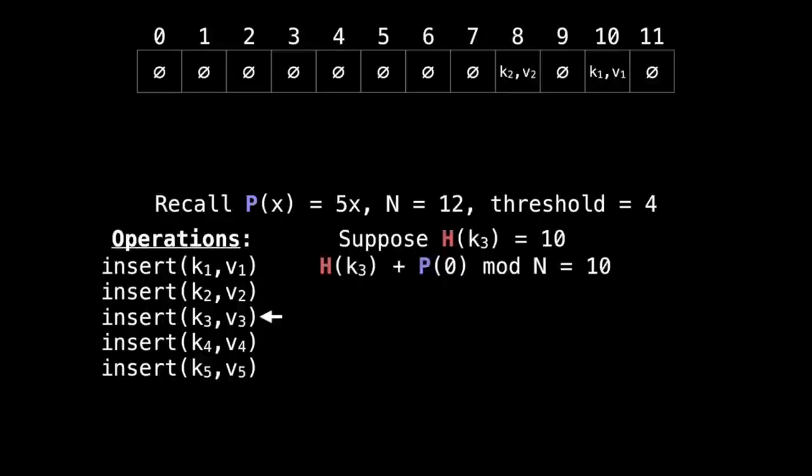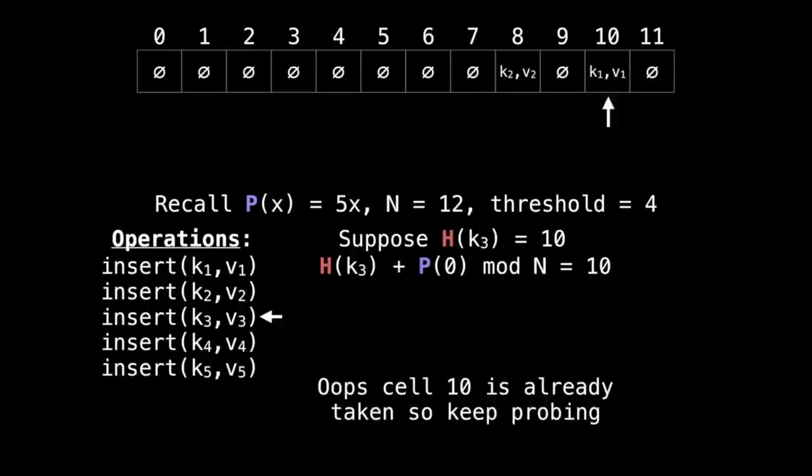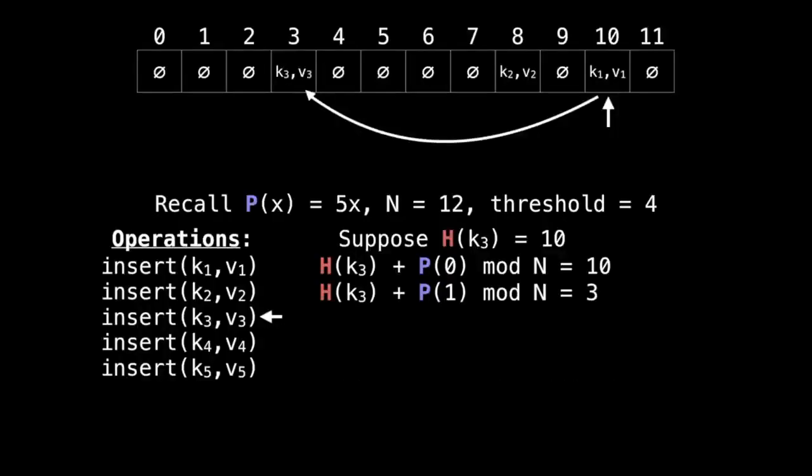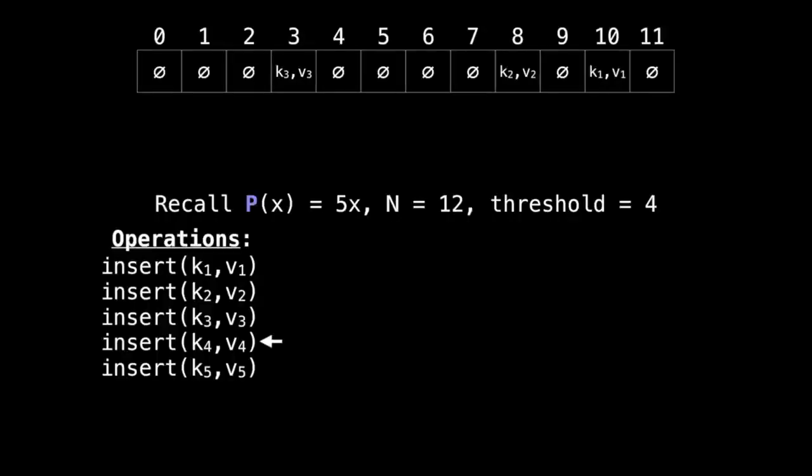So now suppose k3 is equal to 10. Oh, hash collision with k1 in there, so we need to keep probing. Alright, so if we use our probing function, which is p of x equals 5x, so that'll give us 3 modulo n when we add it to the hash value.